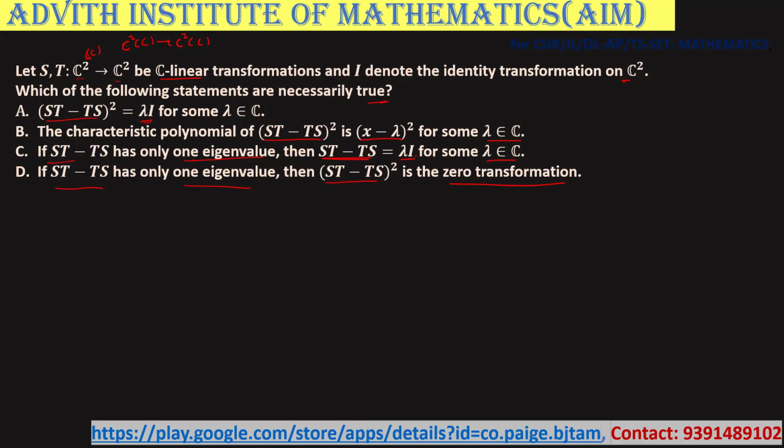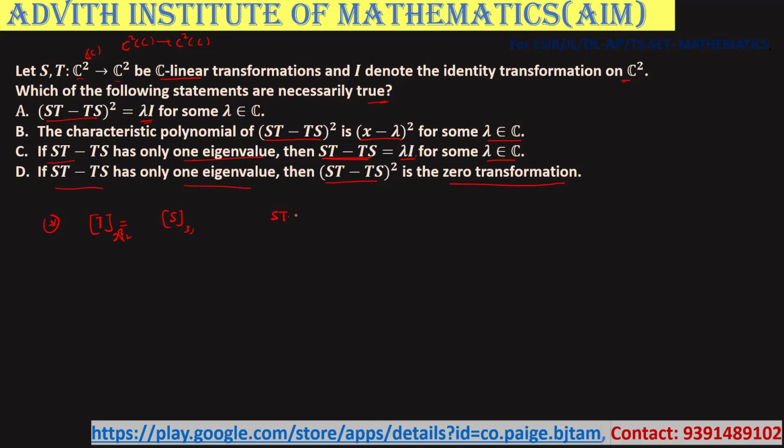S and T are C-linear transformations from C squared over C to C squared over C. So what is the matrix of S and T? The matrix of T is a 2 by 2 matrix, and S is also a 2 by 2 matrix.